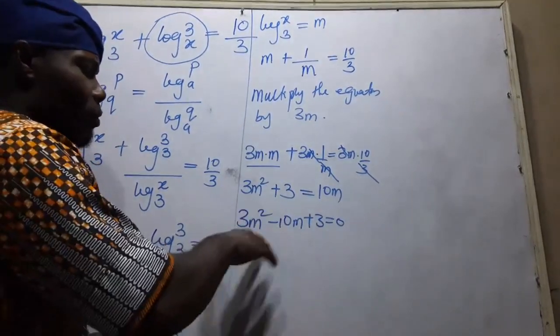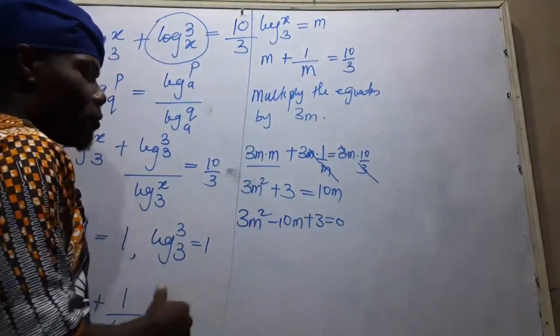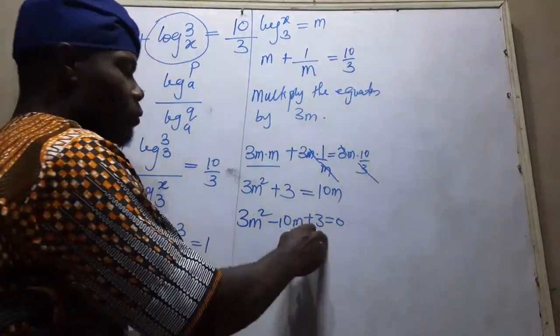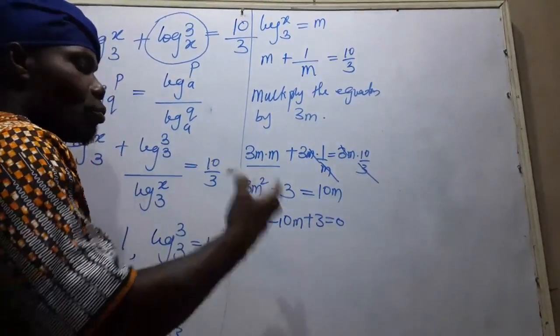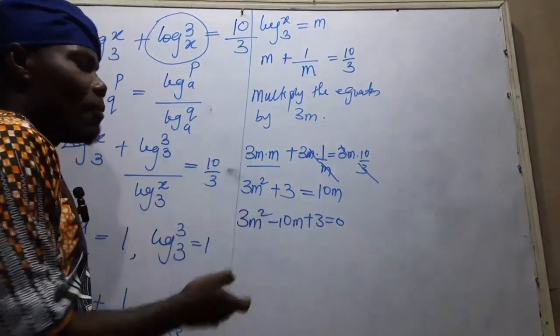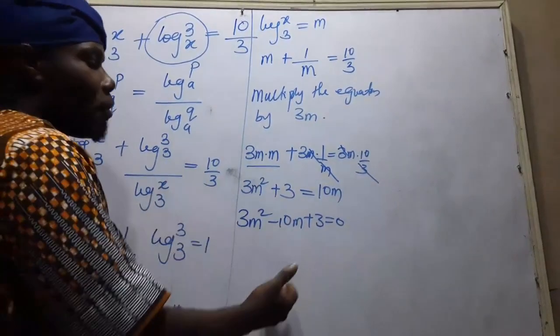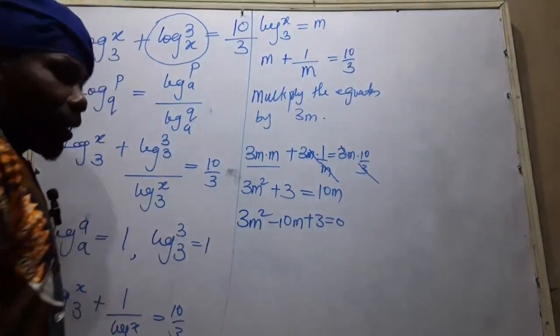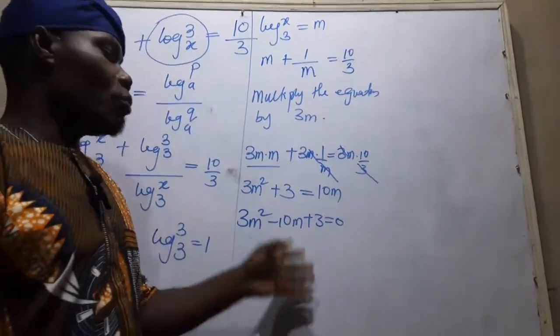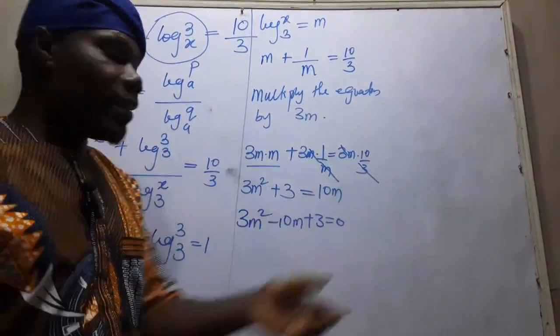It can still be factorized because 3 times 3 will surely give us 9. So we need two numbers that add together to give us minus 10 and multiply to give us plus 9.